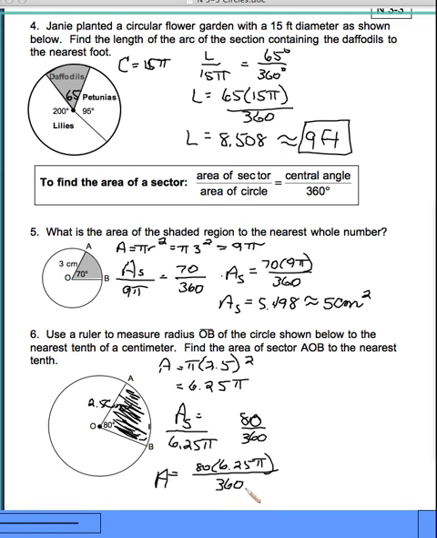It says find the area to the nearest tenth, so the area of the sector is equal to 4.4 square centimeters. Again, because it's area, it's square units. Okay, that is the end of this little section on circles.